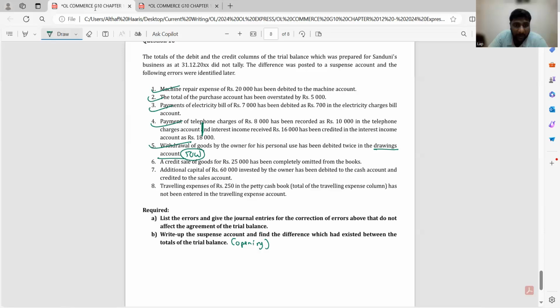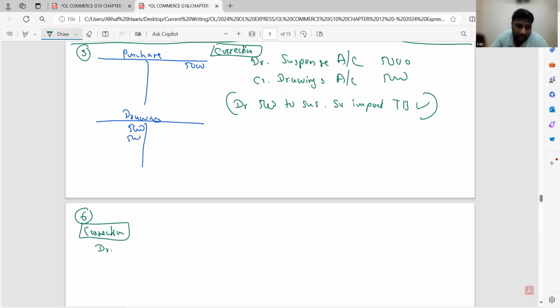What sale? A credit sale. Debit debtor account 25,000. Credit sales account 25,000.